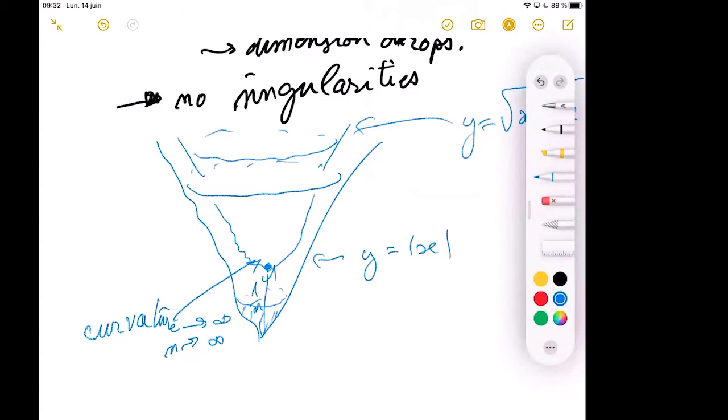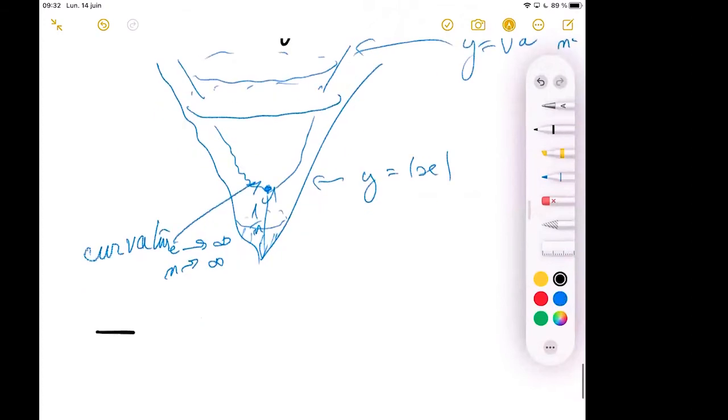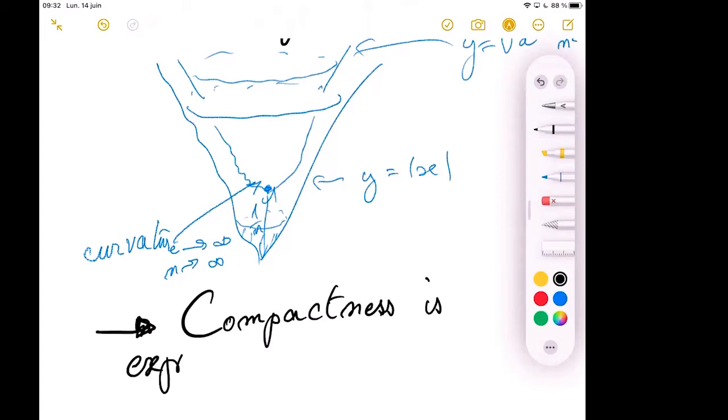Okay, and still in the cons, and this will be related to that, compactness for that kind of convergence, like existence of a converging subsequence, is expensive.